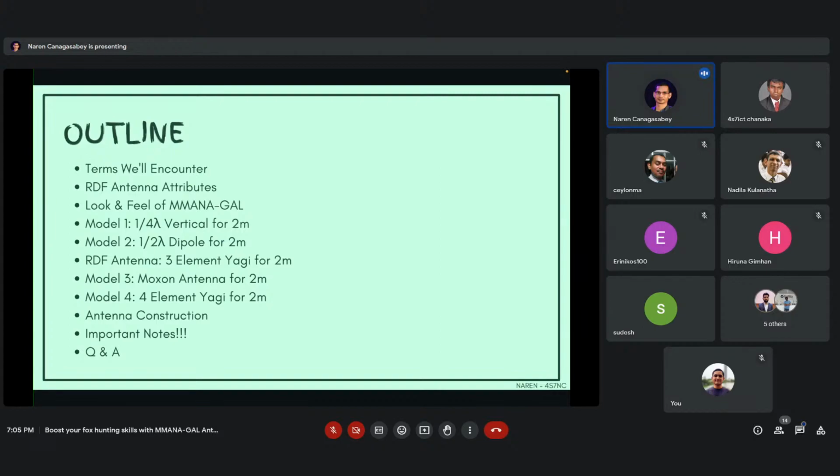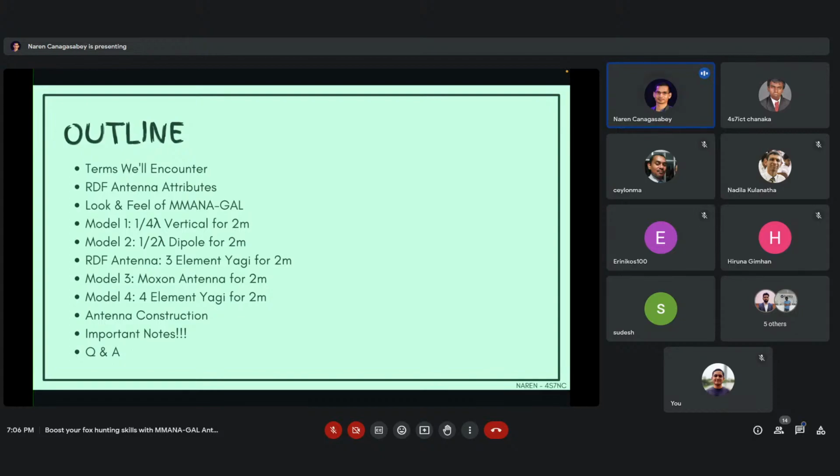And model 2 is going to be a half wave dipole for 2 meters. And then we are going to design our 3-element Yagi for 2 meters for the fox hunt, which will be next week. And then for comparison purposes and to explain a few of the principles of antenna modeling, we are also going to look at a Moxon antenna for 2 meters as well as a 4-element Yagi for 2 meters.